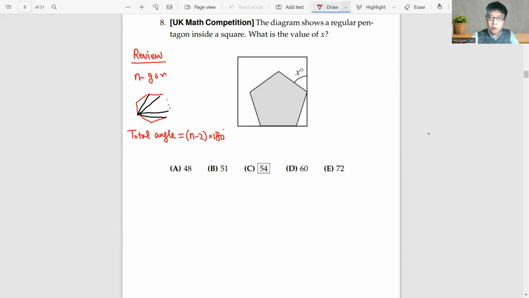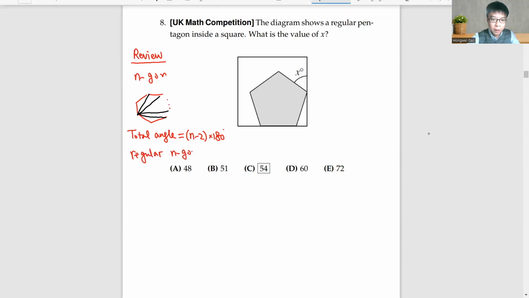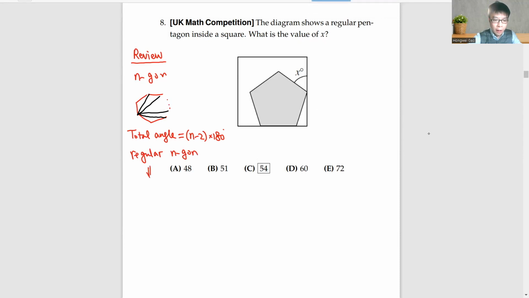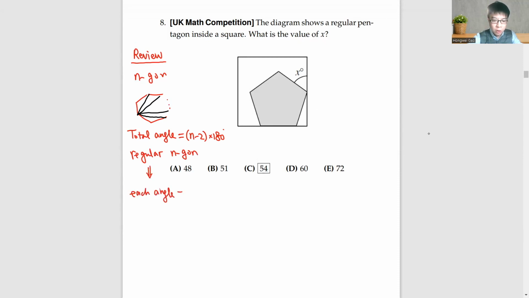And a special figure is the regular polygon. Regular means every angle has the same value. That implies each angle is the total sum of angles divided by n. Okay, let's come back to this question. Here we have a regular pentagon.